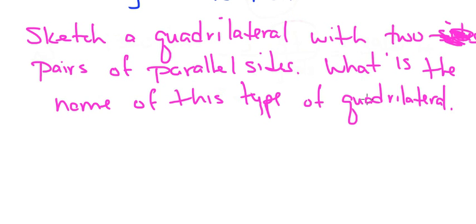This is one problem. For the investigation, all you can do is look at that and make sure you understand Investigation 6. Okay, so we have this quadrilateral. We know it has four sides, but it says it has to have two pairs of parallel sides.